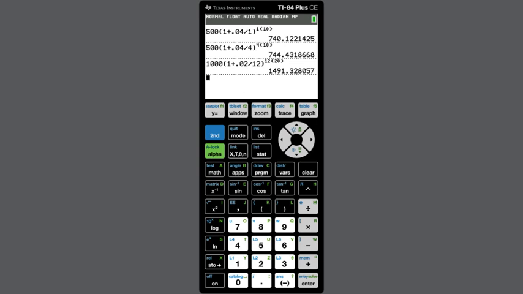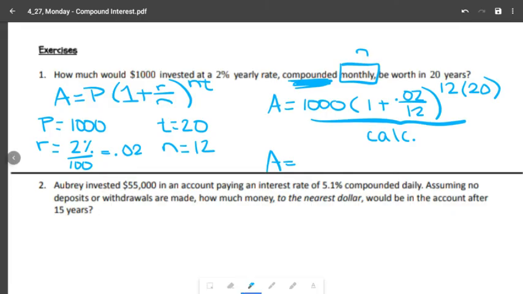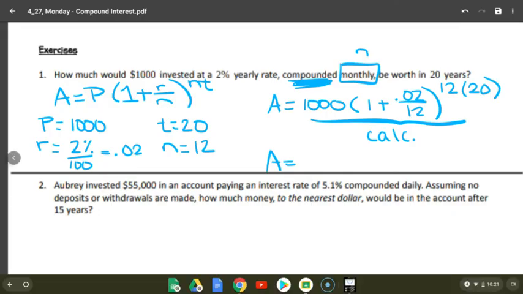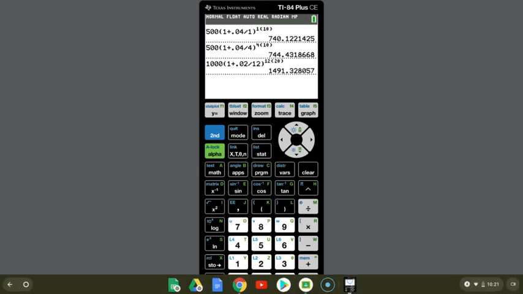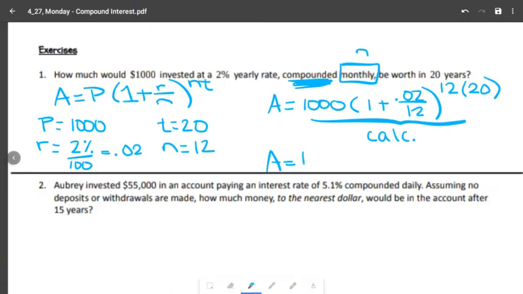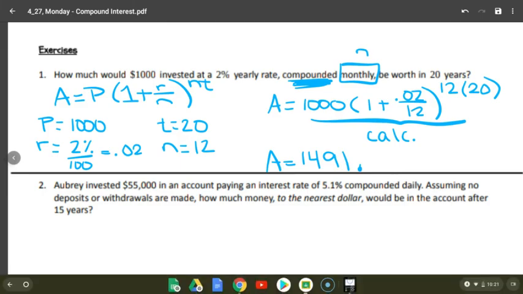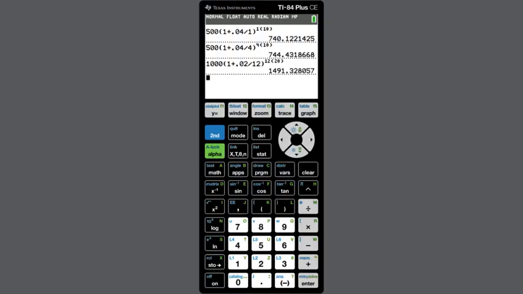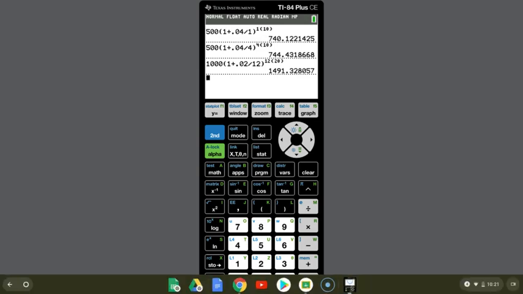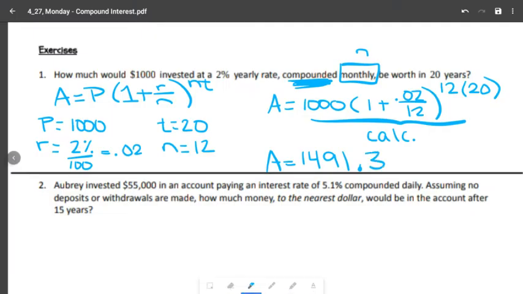Hit enter, and we get $1,491. And this does not tell us where to round again. So nearest cent, like we did on the last two. So the nearest cent would be 0.33. The 8 tells the 2 to round up. So there's your answer.